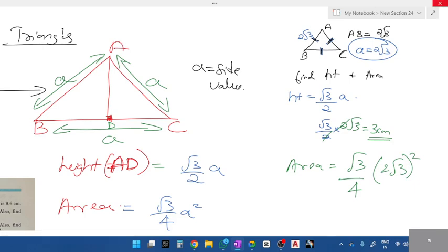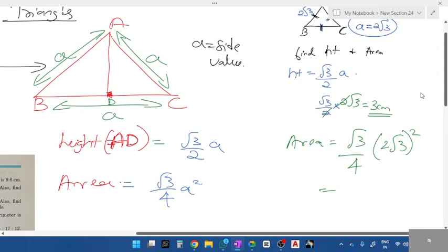Three root 3. Fine. Let me check. What about others? What did you all get, students? Root 3 by 4. When you open the bracket, what do we get here? 4 into 3, right? Which one gets cancelled? Yeah, 3 root 3. Why do you all take so long to complete? All of you got 3 root 3? Centimeter square.